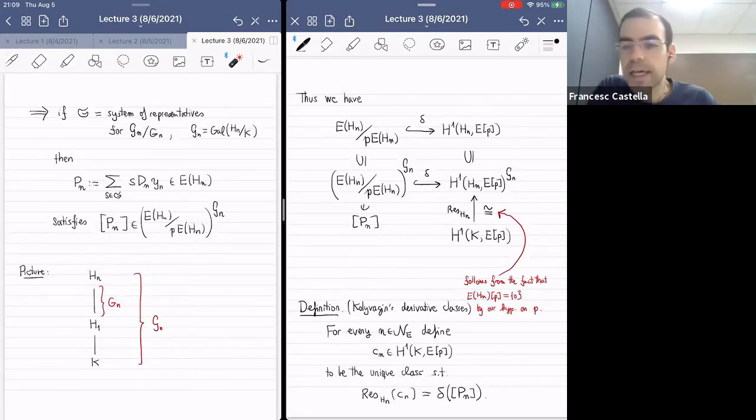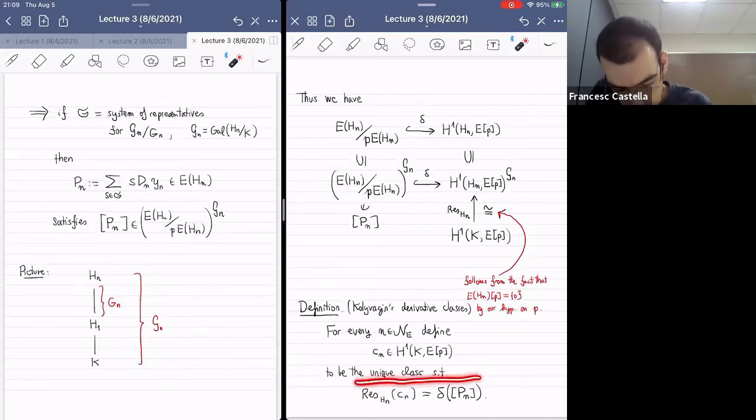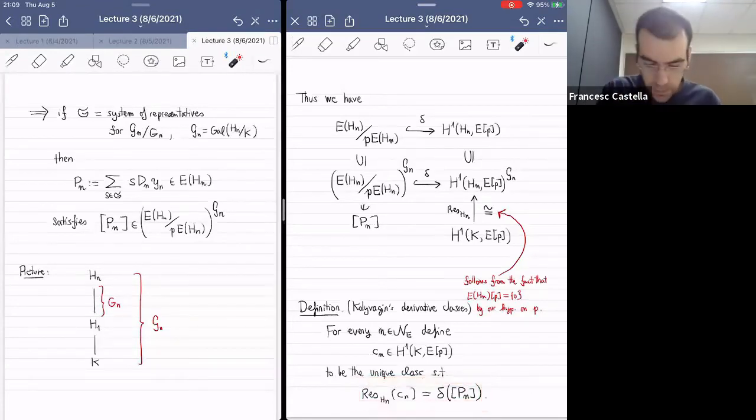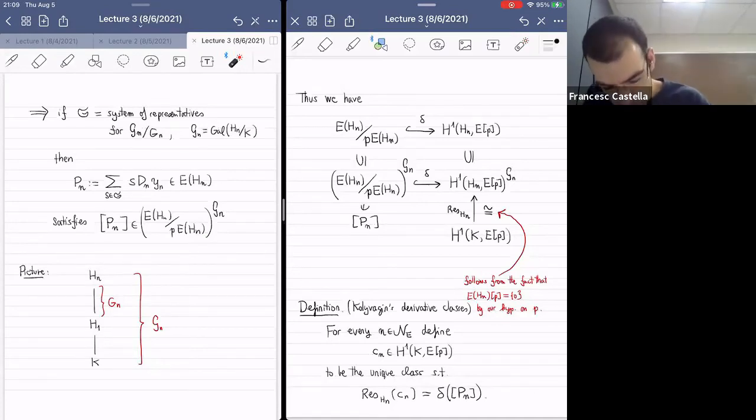So that uniquely determines the class Cn, and all we're going to need about it is this defining property. We can box this.